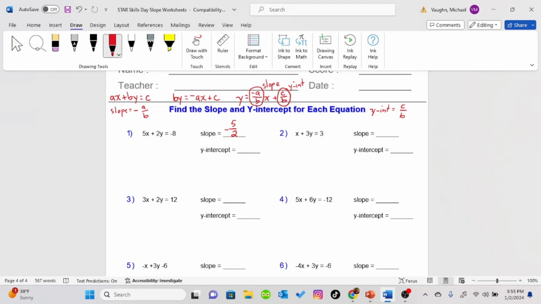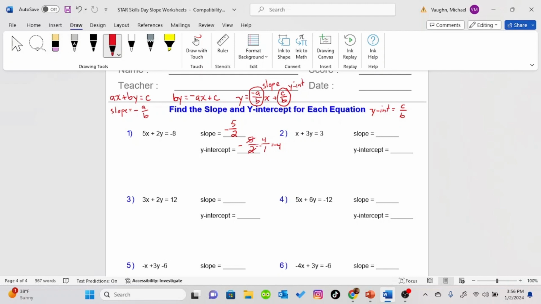My y-intercept is going to take c, which is what it equals, so negative 8 over b, which is 2. And if we wanted to simplify that, 2 goes into 8 4 times, 2 goes into 2 once. So this would really be negative 4. And we'll do this method the rest of the way.